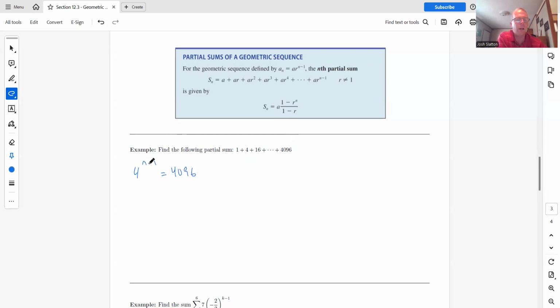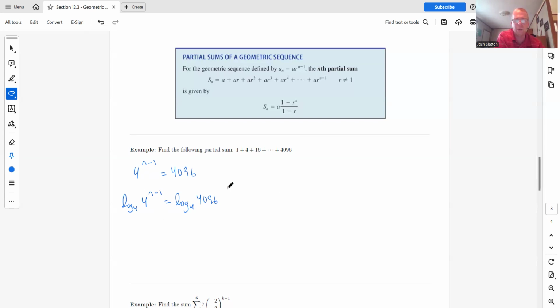So let's solve this equation. We know how to do this. We learned exponential functions not too long ago. So let's take the log base 4 of both sides. Now you could, and it wouldn't take that long to do it, make a guess, like 4 to the 9th, 4 to the 10th, and then see 4 to the what gives you 4,096.